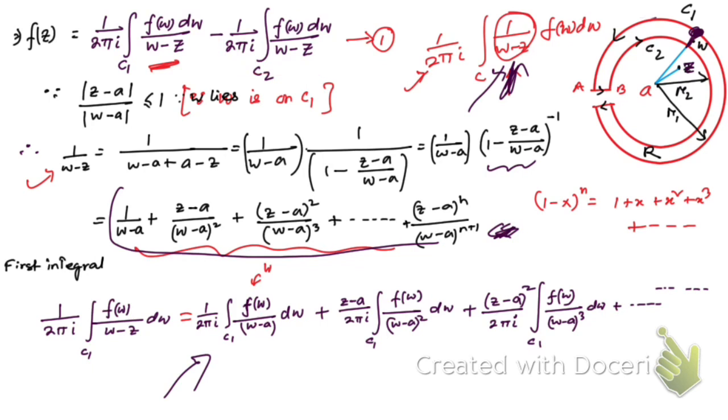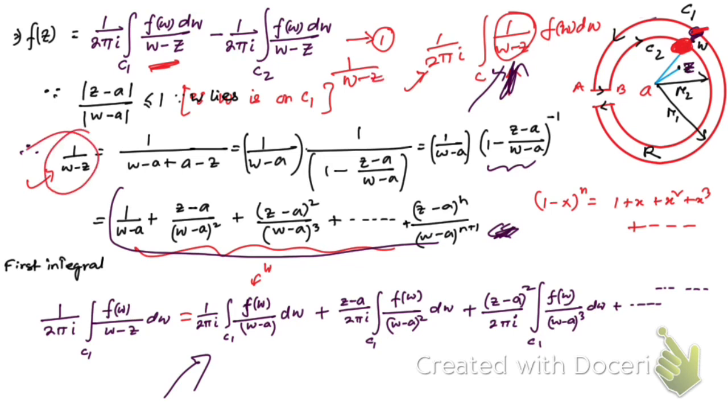In order to evaluate the second integral, we're going to consider that this w is on c2, right? In order to evaluate this second integral, we're going to consider w lies on c2, and first we're going to expand again this 1 by w minus z part in this way.